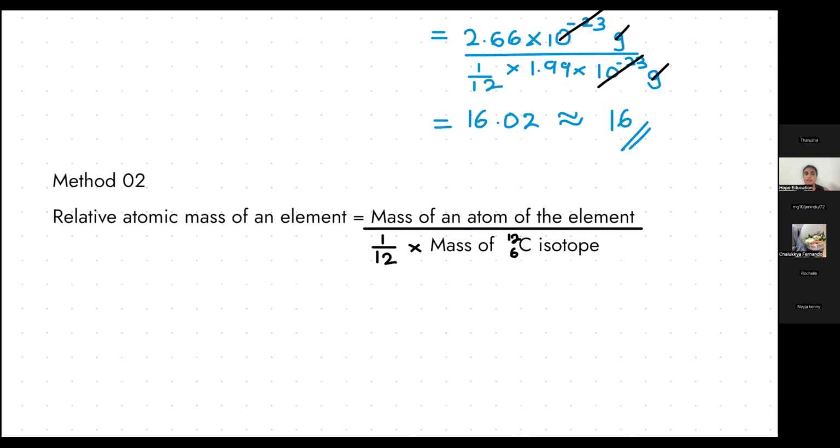Look at this part. 1/12 of mass of carbon-12 isotope means mass of carbon-12 isotope divided by 12, right? Do you understand that is what this means?